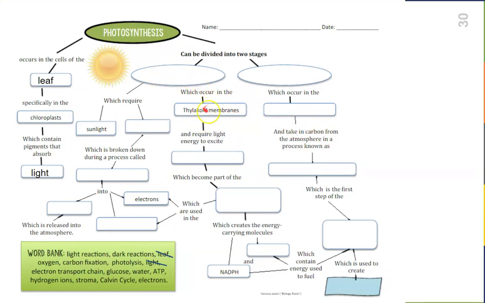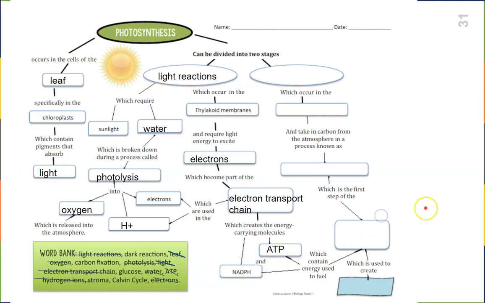Light reactions occur in the thylakoid membranes. They require light energy to excite what? Electrons, right? Which become part of the electron transport chain, so that should go there. And the electron transport chain is going to create NADPH and ATP at the end. Okay, so there's the answers.